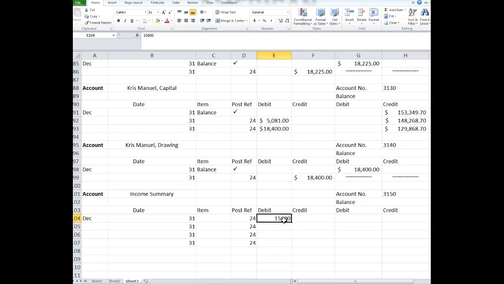That was taken into account for our merchandise inventory. No. You only write that if it's for the balance.